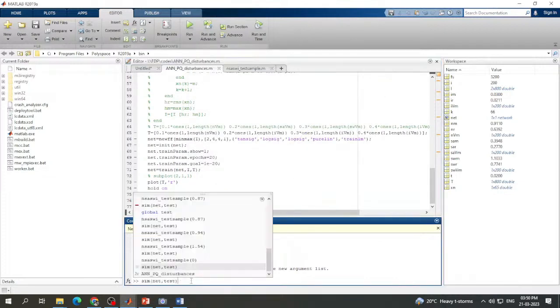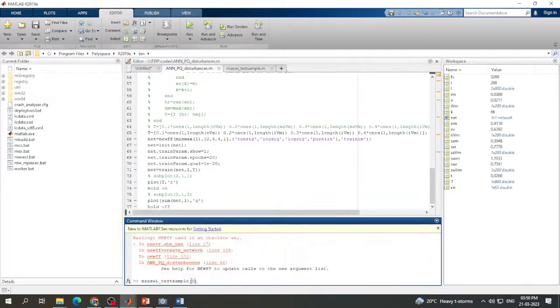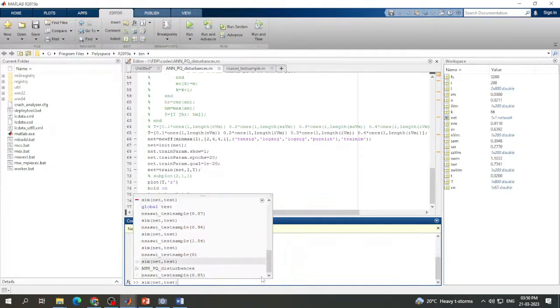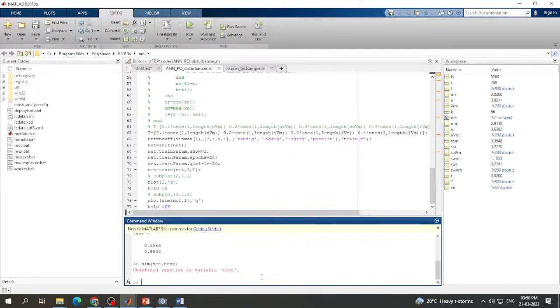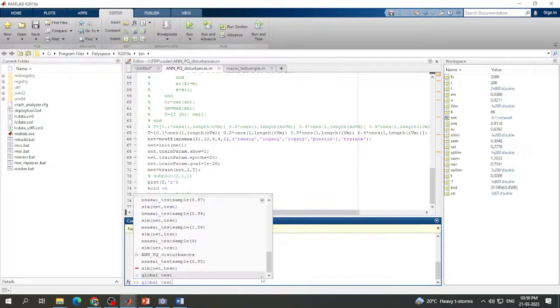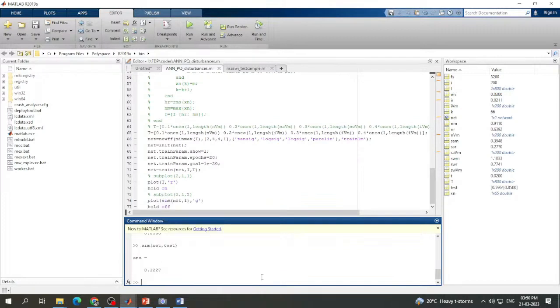Suppose I am giving 0.85. It should come under a category. Let's check. Same, 0.1227.